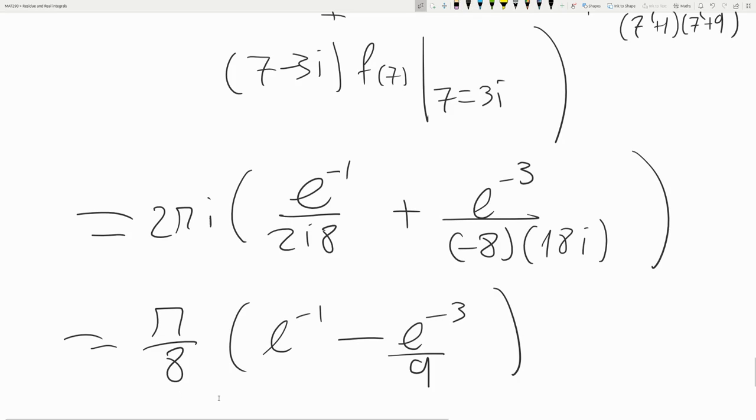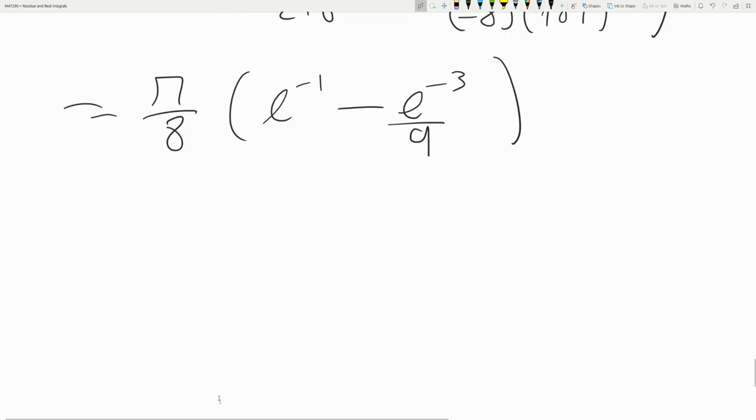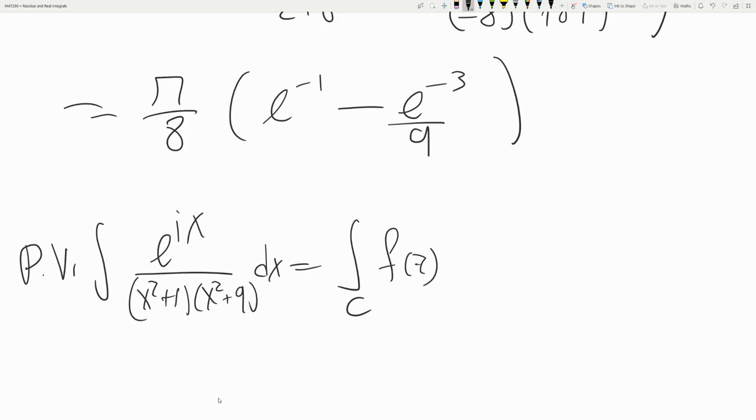Okay, so what's the punchline here? What do we have? We had the principal value of e to the ix over x squared plus 1 and x squared plus 9 dx is equal to the integral of f of z.